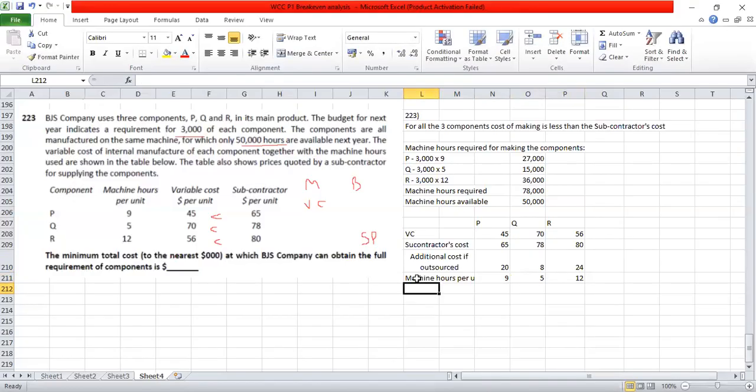If not contribution per unit of the limiting factor, we can find out the cost per unit of the limiting factor. So let's find out the additional cost per unit of limiting factor. 20 divided by 9.